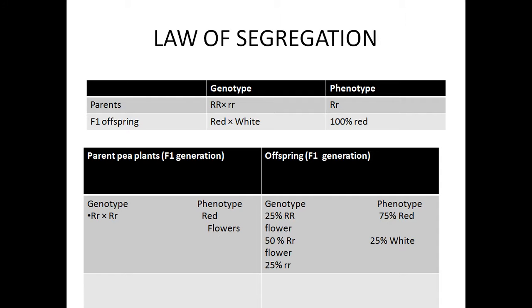The two alleles of a gene. This is a gene, capital R, small r, and it is having two alleles.